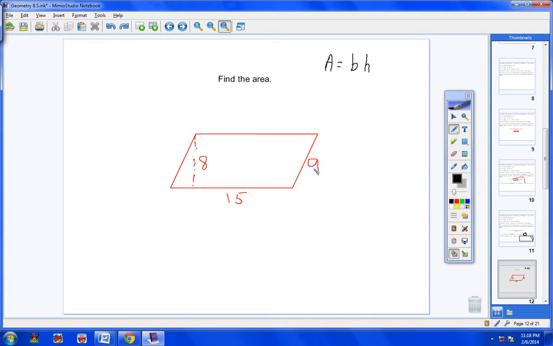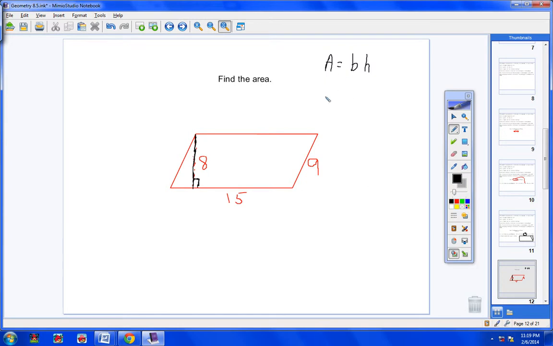Remember when we dealt with triangles yesterday or a couple days ago, whenever it was, the height is a line that goes from the top of the triangle or the top of the parallelogram, and it comes straight down in such a way that it forms a right angle. And I should have had a right angle marked there. I didn't. That's my fault. Go ahead and draw one in your notes there. 8 is your height. 9 is not. 8 is your height. Okay?